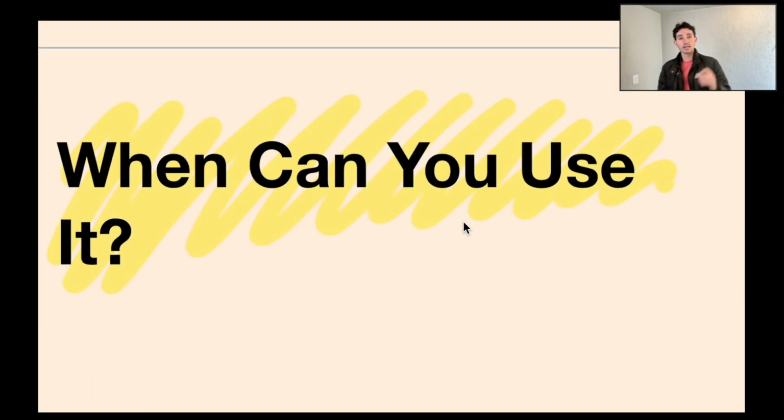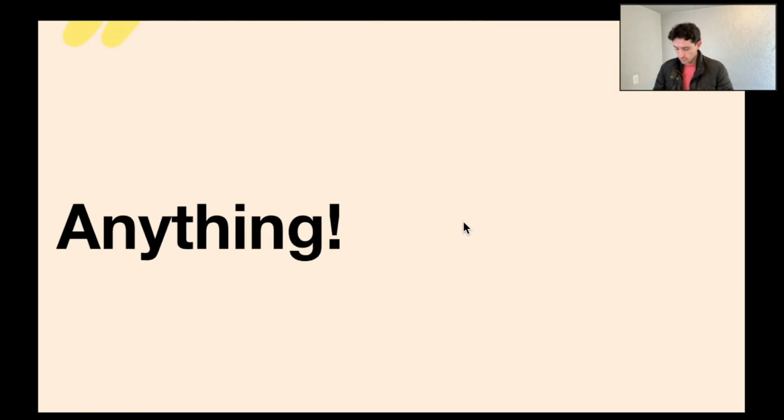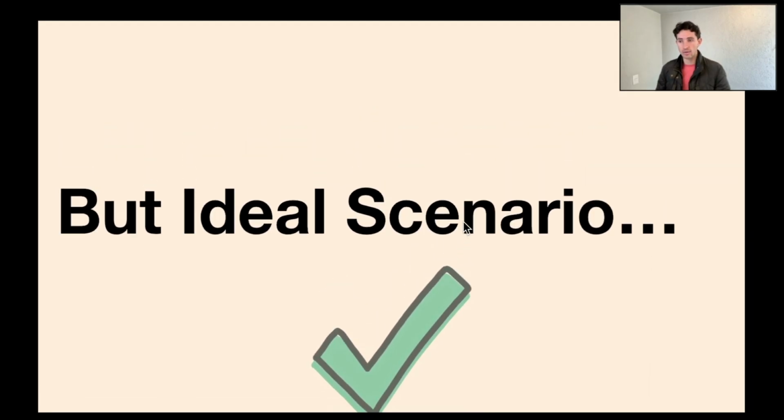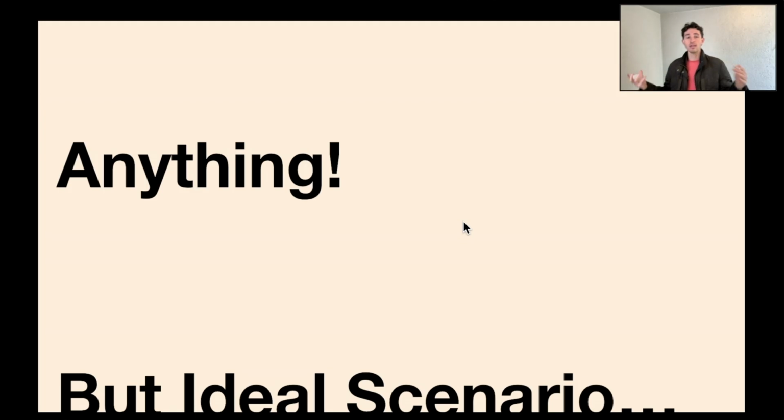The next thing that I want to talk about is when can you use it? With anything, okay? But there's an ideal scenario, I'm gonna get into that. When I say anything, again, this is just a process of buying something. The same way with when you buy subject to, you can buy cars with the Morby Method, you can buy properties, you can buy anything, okay?